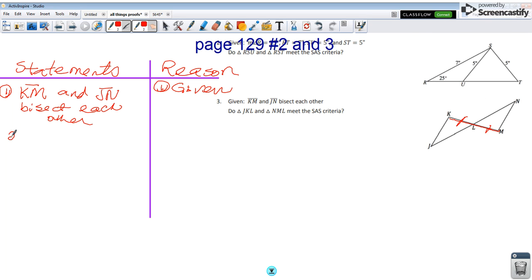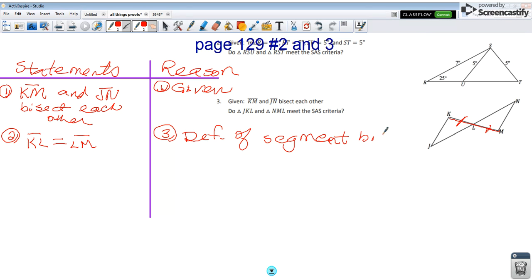That's going to be my second statement: segment KL equals segment LM. The reason: definition of segment bisectors. It's supposed to be number 2 on the right. Thank you.